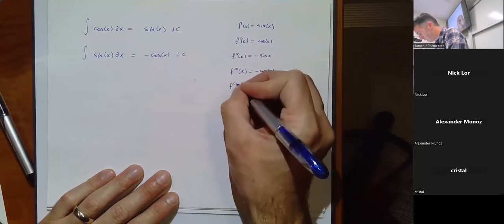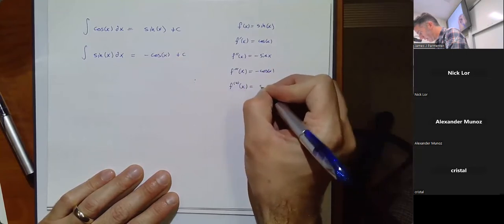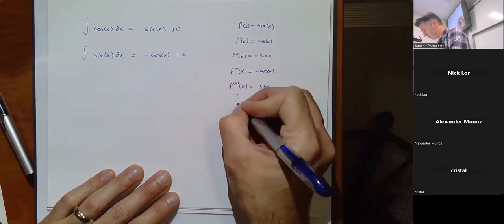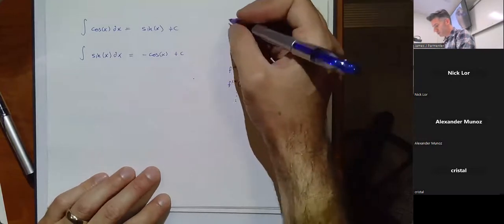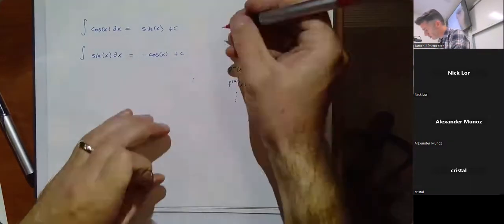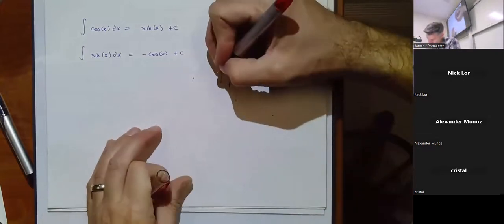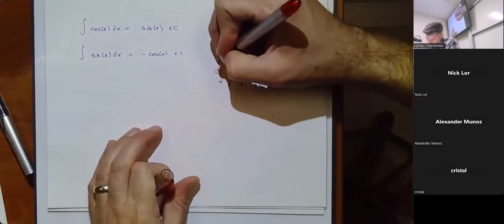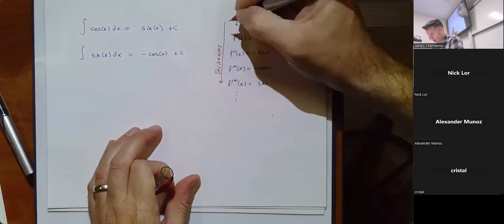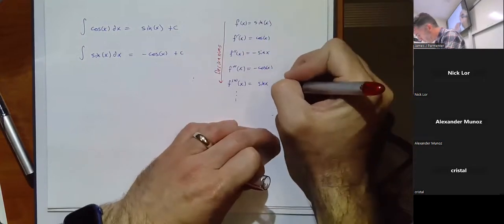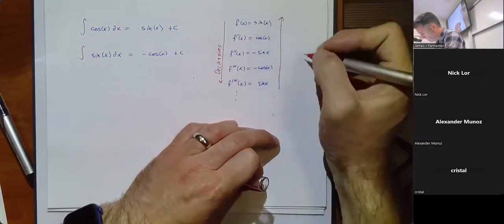The next derivative gets you back to where you started at sine of x, and you can just keep on going. So going down the list is differentiation or derivative. And if you start down here and you go up the list, that's antiderivatives.